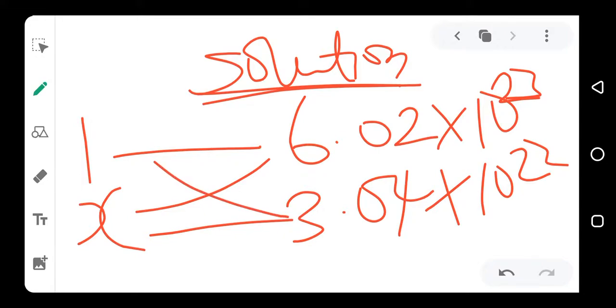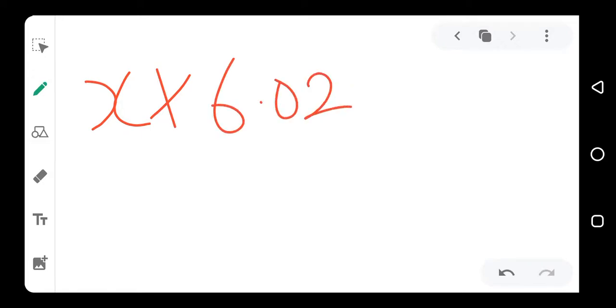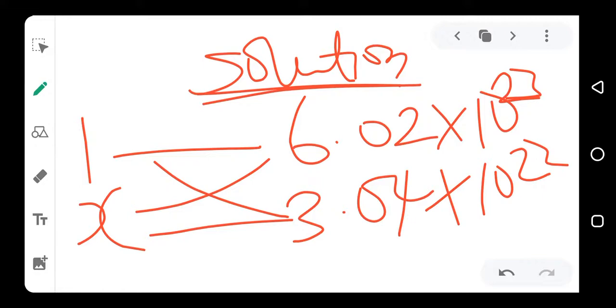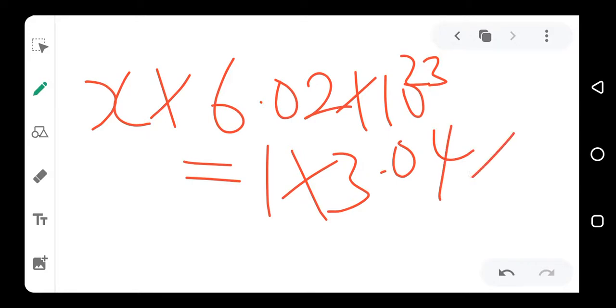This going to this and this going to this, and so we have x times 6.02 times 10 raised to power 23 is equal to 1 times 3.04 times 10 raised to power 22.